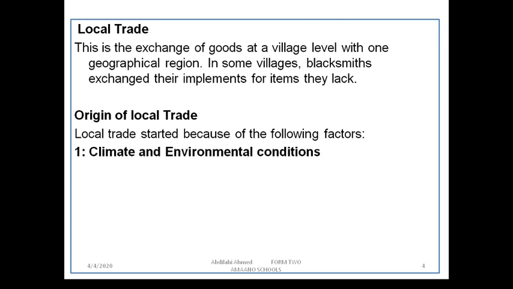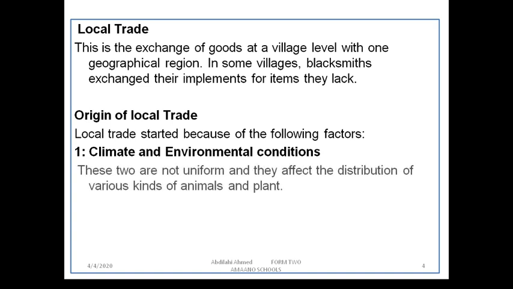As you know, these two, climate and environment, are very important for the production of food. They decide what kind of food is produced. So it was one of the most important factors that influenced local trade.